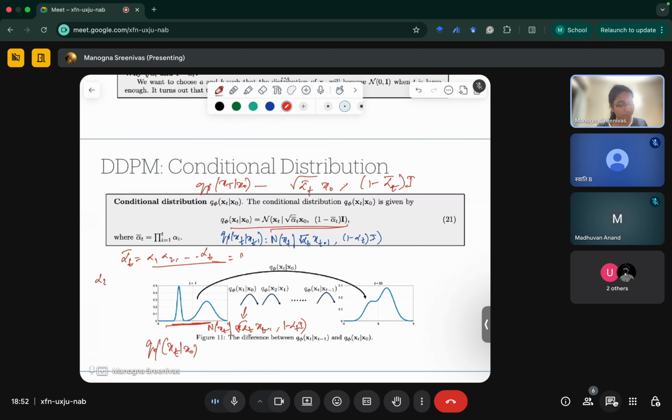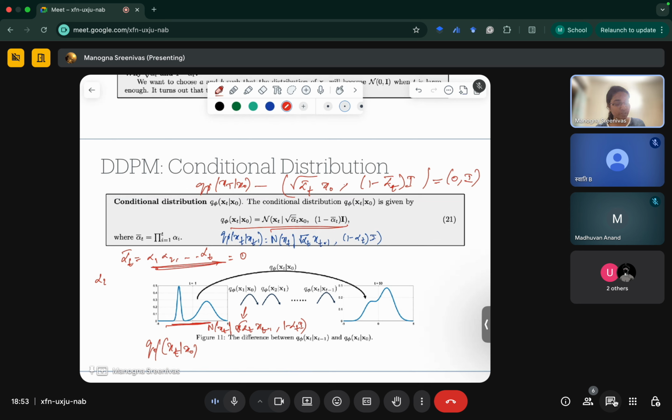So I want this to become 0 because I want this to match 0 and I. When will that happen? It will exactly become that when this whole product becomes 0, and then the variance becomes the identity matrix, right?